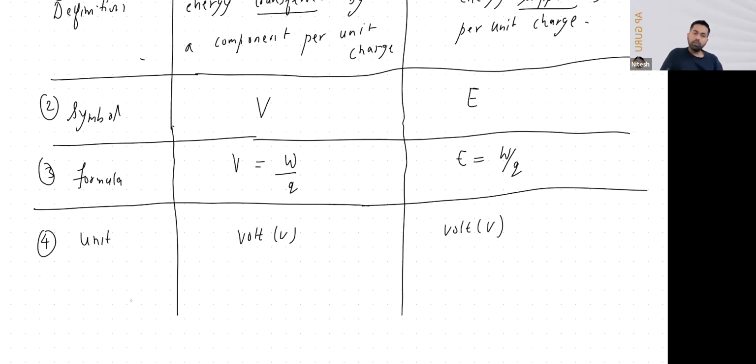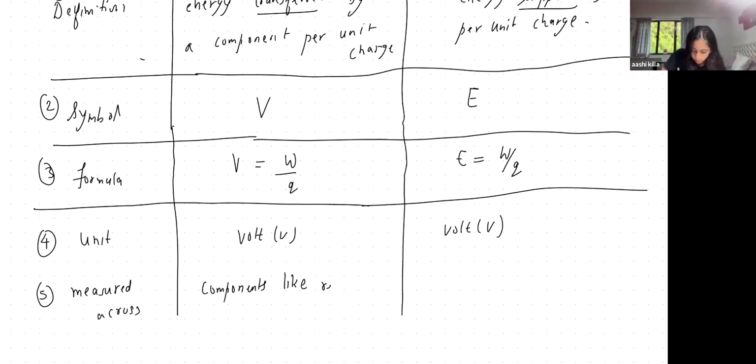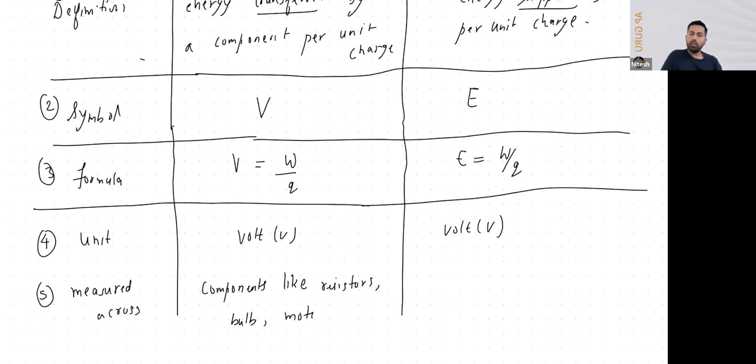Number five is where they are measured. So where do we measure them? The potential difference is measured across components like resistors, a bulb, or maybe a motor, while on the other side, we find the EMF across a cell or a battery.